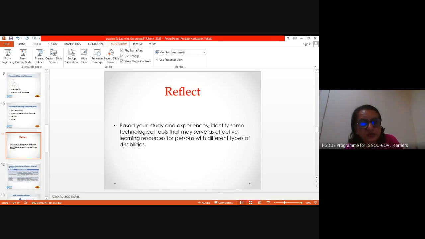So, can you think of any resource which you are aware of, resource or type of resource? I won't say exactly the resource, but any type of resource which might be useful for a person who has a disability. So you'll have to tell me the disability and what kind of resource would be useful for them.